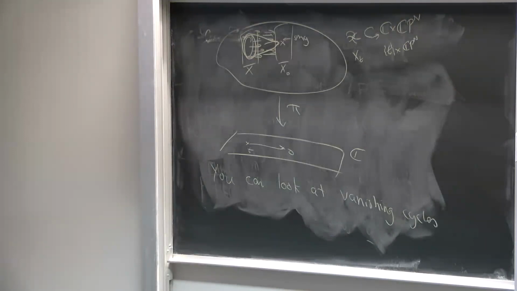Seidel studied vanishing cycles with these guys, and he basically said that vanishing cycles are configurations of Lagrangian spheres looking like the Dynkin ADE diagram.